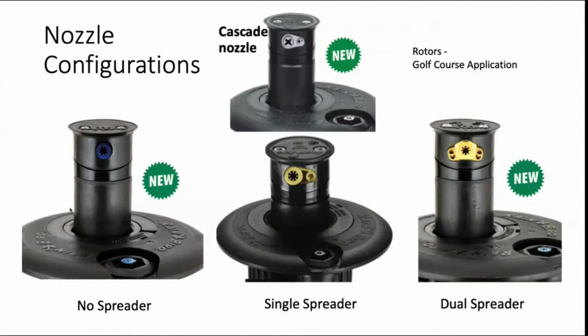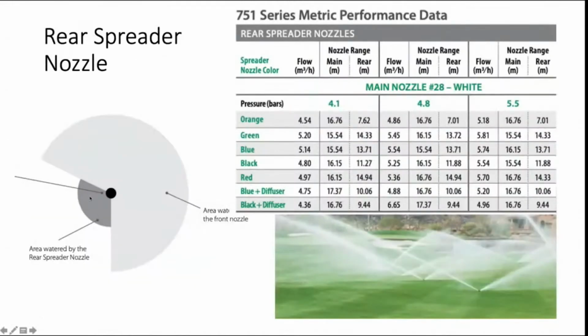When I talked about the spreader nozzle, you can see right here in this gray area, that is the area covered by the spreader nozzle. And this one has a rear nozzle, like the old agricultural sprinklers. You'd have the main nozzle in one direction, the spreader pointing 180 degrees in the other direction. And then this is for the main nozzle. So that gives you an idea of the coverage from a bird's eye view.